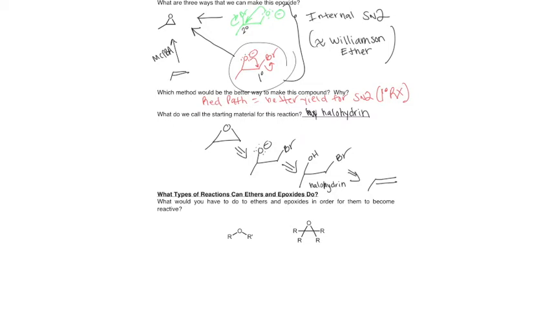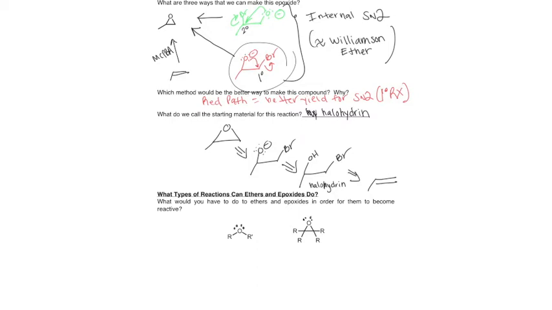Okay, so what kinds of reactions can we do? We want to have a roadmap at the end of this with arrows coming out, and how can we make these more reactive? Well, look at the nature of the structure of the ether and the epoxide: we have lone pairs there, and it makes it very electron rich. Electron rich just kind of begs for an acid sometimes. So we're going to see a lot of acid-driven reactions with ethers and epoxides.